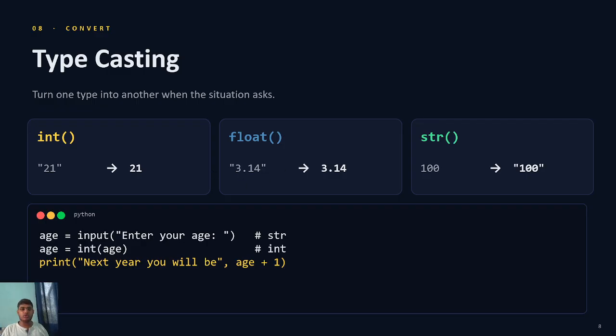A floating value contains a decimal value, just like 3.14. And a string: in a string, you can write anything you want, a character, a name, or a number, everything. Turn one type into another when a situation asks.